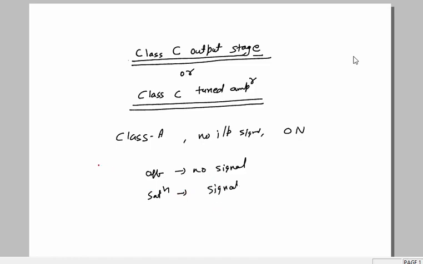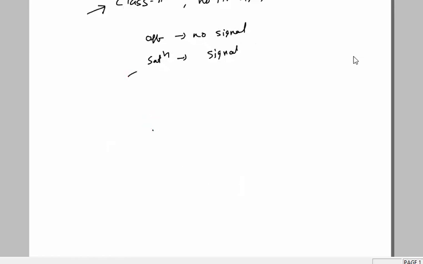What was happening in class A? The transistor was on even when the input signal was not applied because it was biased properly. But in this case we bias such that the transistor is off if there is no signal, and it operates in saturation if there is a signal present.